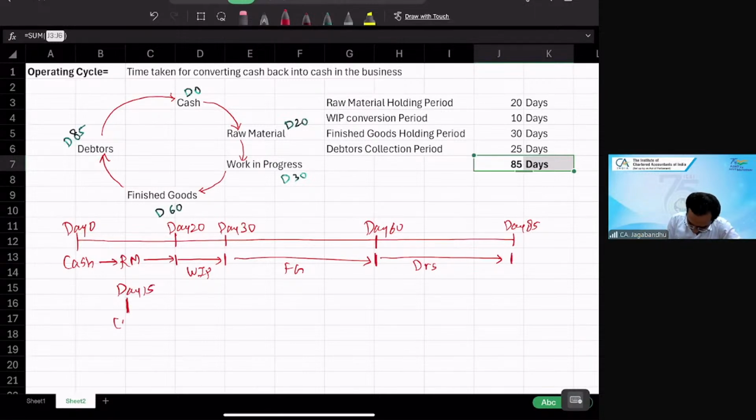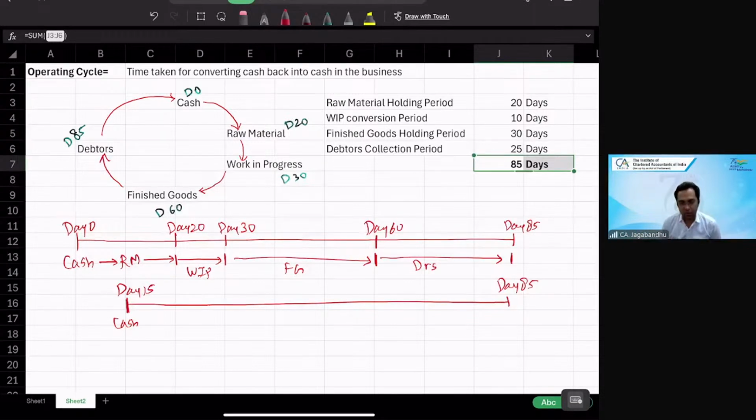Because here you make the payment in cash, and you will realize the cash on day 85. So essentially, what is the time period for which your money is blocked? Your money is not blocked for the full 85 days now. In fact, your money is blocked for 70 days only.